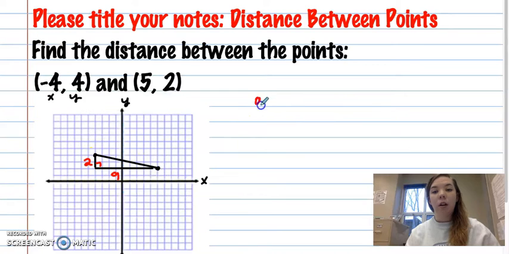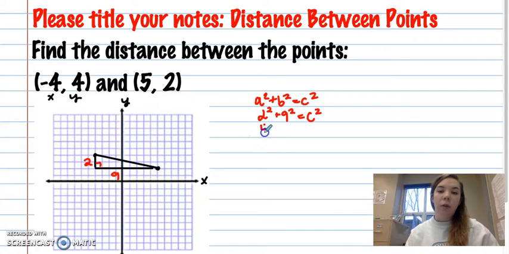So I would start with a squared plus b squared equals c squared. Then I have 2 squared plus 9 squared equals c squared, which is 4 plus 81. That would be 85. And then I have to square root that.